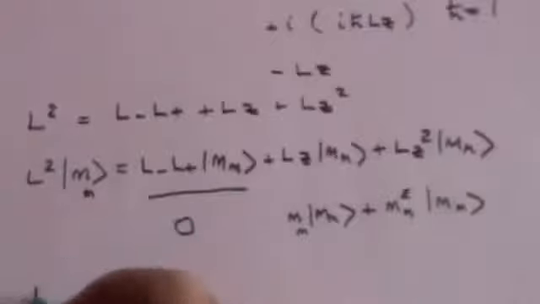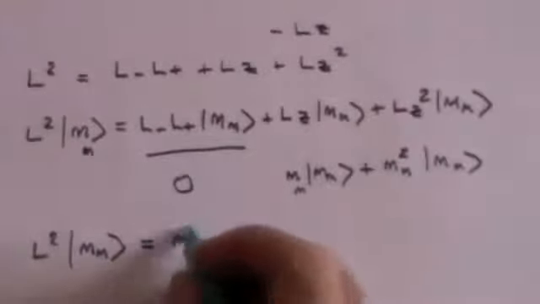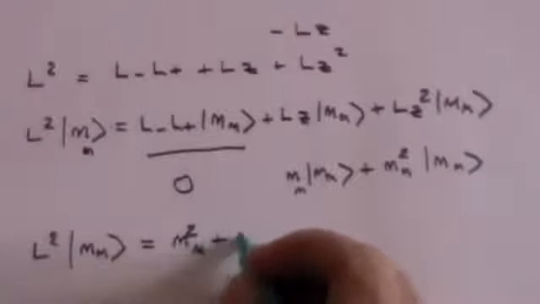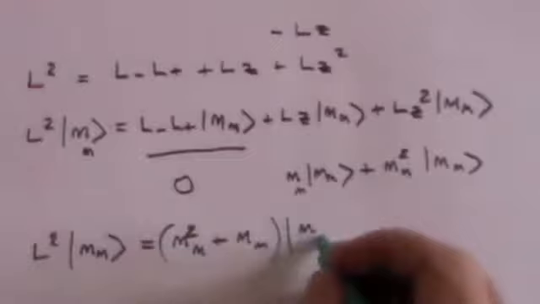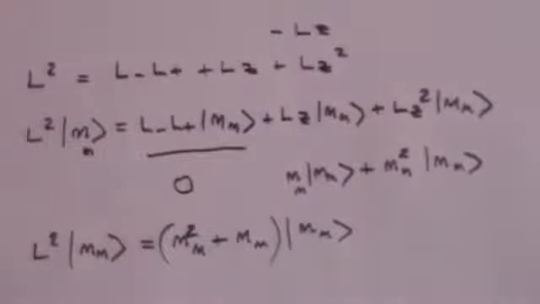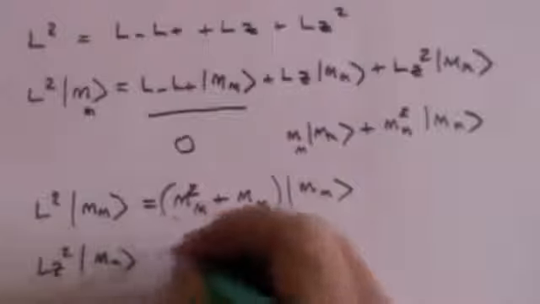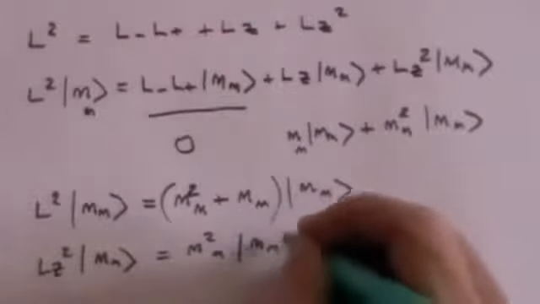And that gives us therefore that L squared acting on the maximum value of m gives us m max squared plus m max, all of that acting on m max. Lz squared acting on m max would simply give you m max squared acting on m max.